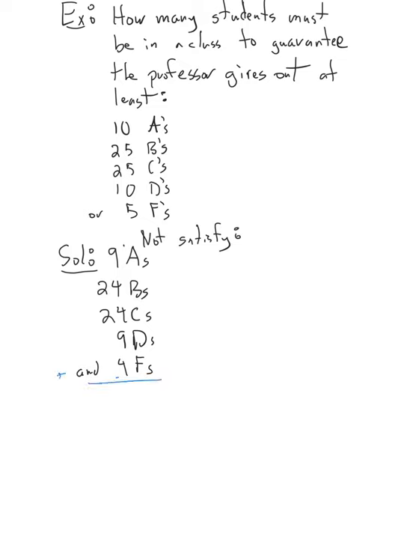So how many students are in this worst case scenario? We add these up. So 9 plus 24 is 33. 33 plus 33 is 66. 66 plus 4 is 70. So 70 students are our worst case scenario where none of these are satisfied. But if we do want to satisfy it, the next student that comes in has to come into one of these bins. They have to get one of these marks.